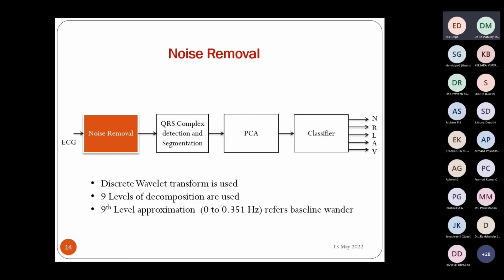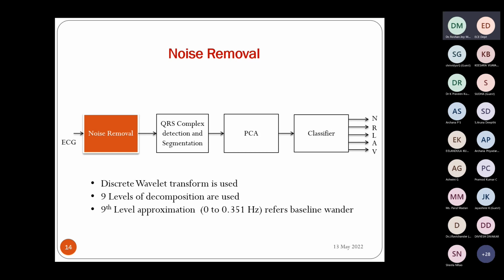Okay, let us go to noise removal. We'll see how to remove the noise present in the ECG. A number of methods are possible. We can use filtering based on Fourier transform. We can also go for wavelet transform, both continuous and discrete.